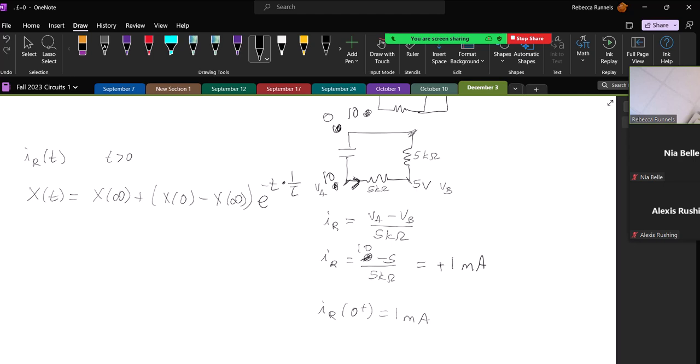In our example, this is a capacitor, and so tau equals RC.